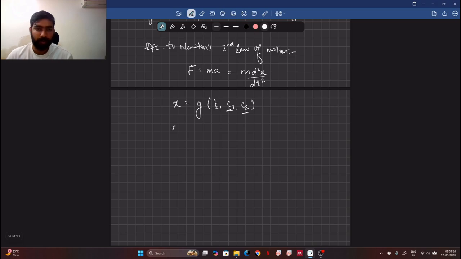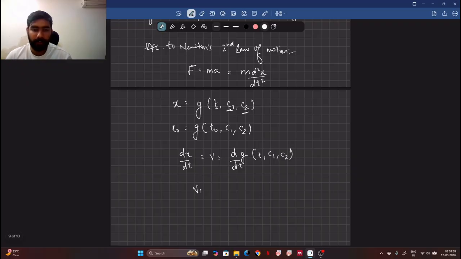So x0 would be the point where g has a function t0, c1, and c2. So dx by dt would be equal to velocity, which is dg by dt in terms of t, c1, and c2. And v0 would be the initial velocity, which occurs when time is t0.